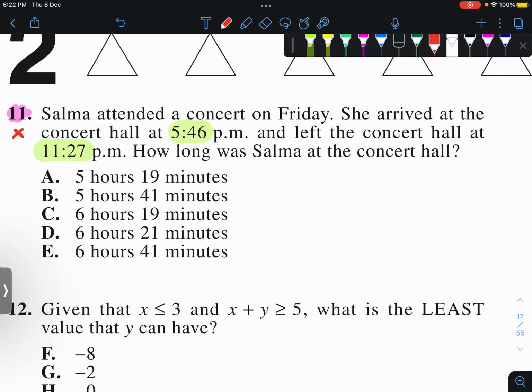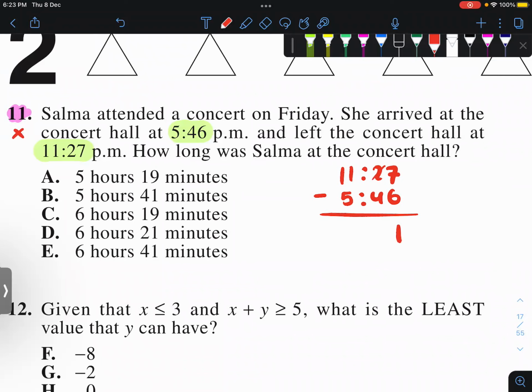Okay, she arrived at 5:46 and she left the concert at 11:27. So we have to do what? From 5 to 11, we have to count until we reach this, or we can do it like this. 5:46. Subtract 7 minus 6, 1, and 12.